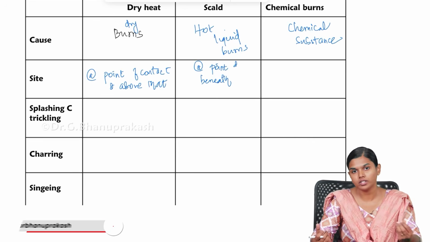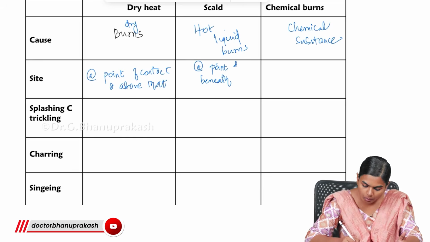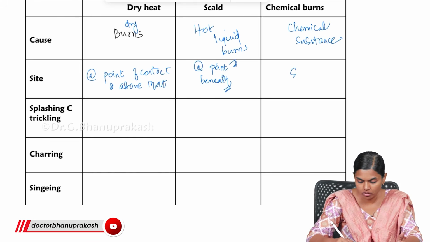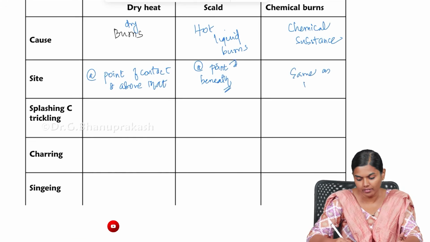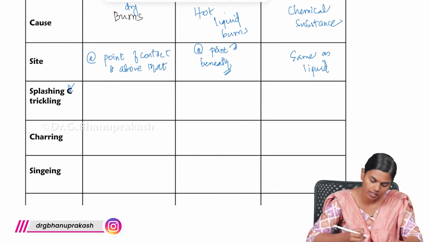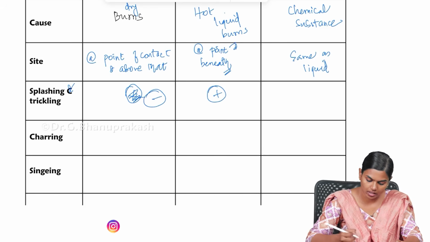So it will go towards gravity. It will trickle down and you will see it at the point of contact and beneath the point of contact. And chemical burn is also the same as a liquid. You will see it at the point and beneath the point of contact. And splashing and trickling are not seen in case of dry heat, but are seen in case of chemical burn and scald.